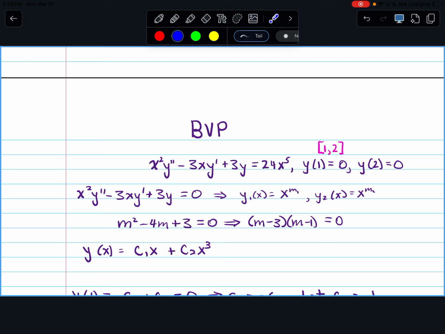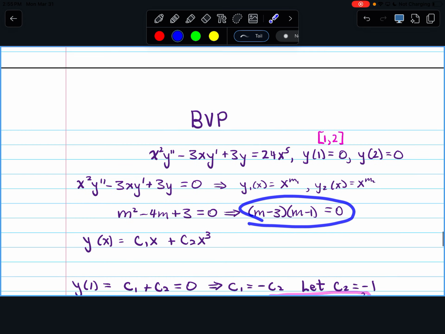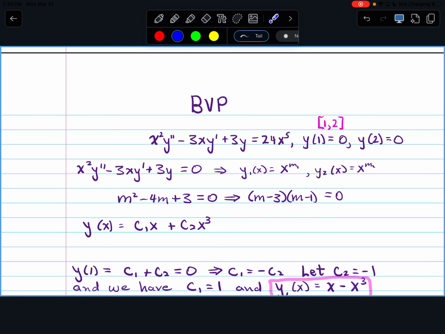So we plug in, we get the auxiliary equation, and we get m minus 3, m minus 1 equals 0. And then when we factor that, we get this. So now we get y of x equals c1x plus c2x cubed.